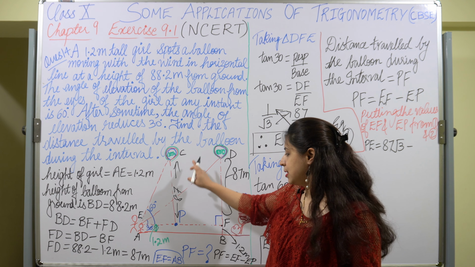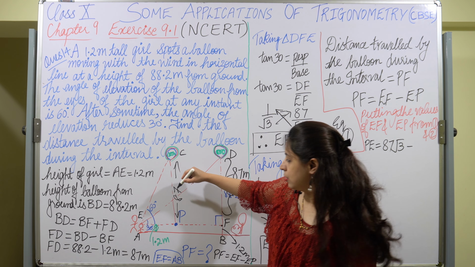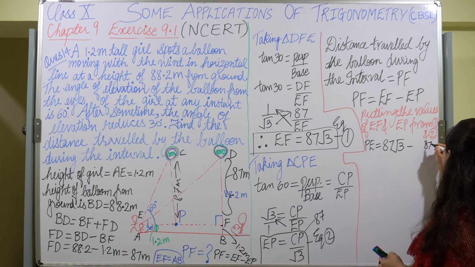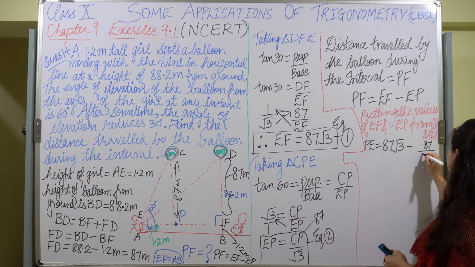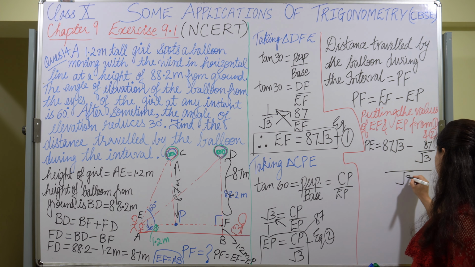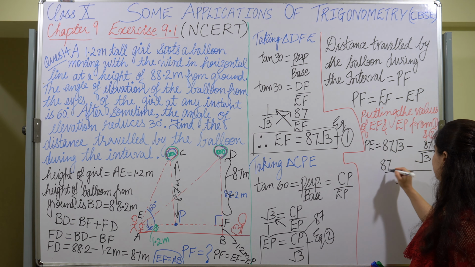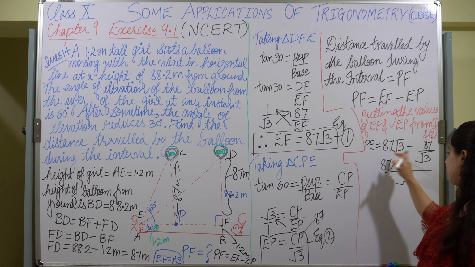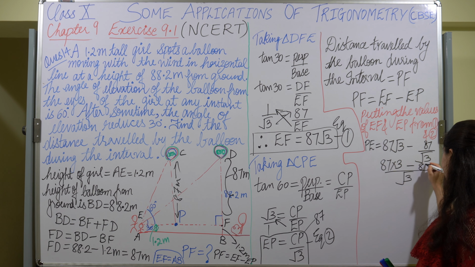So this height CP is 87 meters. So it will be 87 upon under root 3. Taking the LCM of under root 3, we'll get 87 into 3 minus 87.